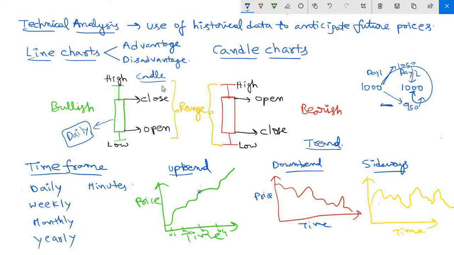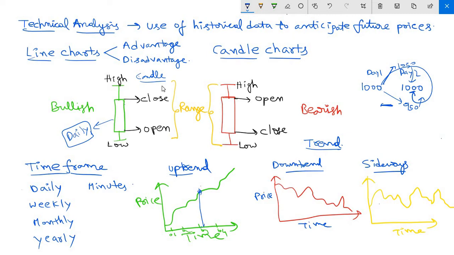On a particular day, this is the only thing that you get information about in a line chart. Instead, on a particular day, you will have this whole information. Here, daily indicates the time frame of a candle, whereas in the line chart it's past 1 day, past 1 week, past 1 month, the trend over the past week.